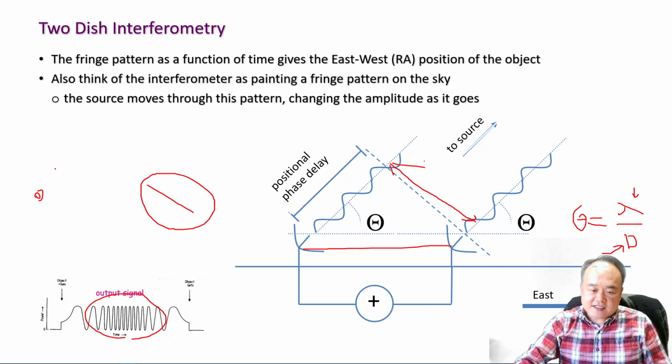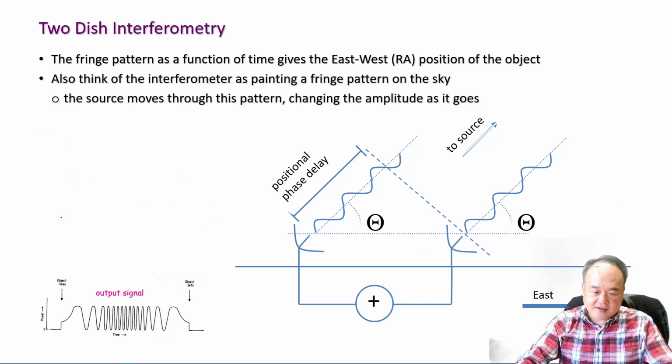So imagine that for the single dish, the primary mirror has a 100% solid reflecting surface inside the circle.